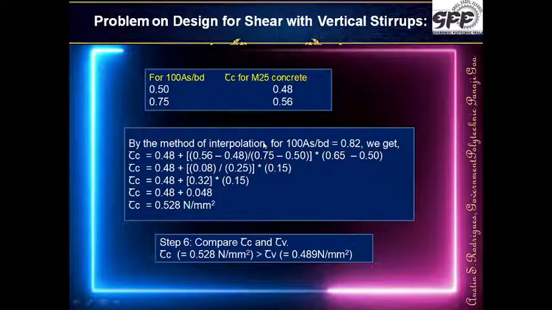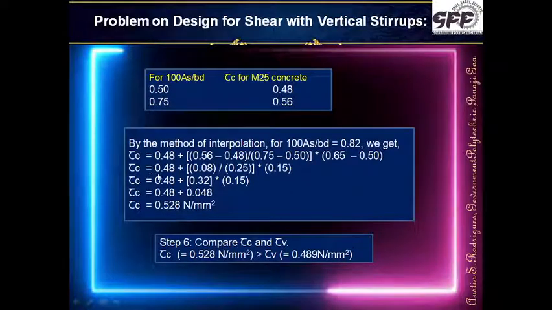So by the method of mathematical interpolation, for 0.65, sorry, this is not 0.82, it is 0.65 which has been taken over here. There is an error which has been copied down from the previous problem. So 0.48, the smaller value, plus the difference 0.56 minus 0.48, divided by 0.75 minus 0.5, into 0.65 minus the smaller value 0.5.